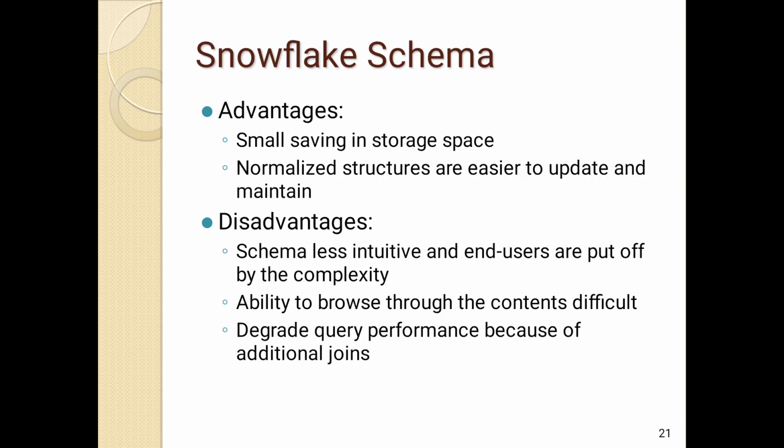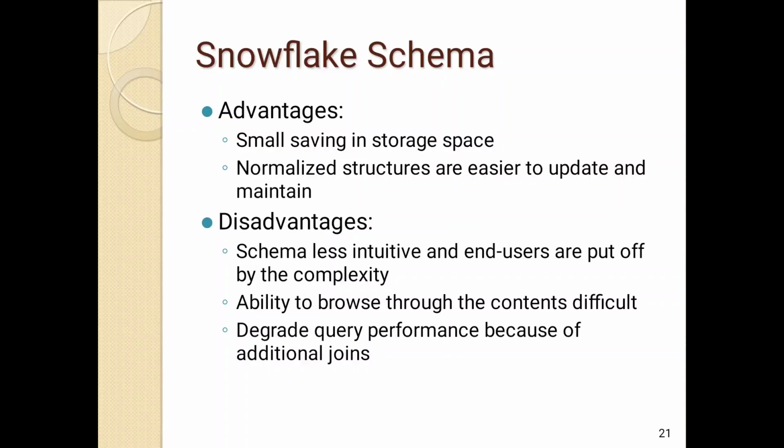So advantages means small saving in storage space. Here normalized structures are easy to update and maintain. Guys, we are structuring our table into small tables. So what's the reason? While we are retrieving the data from the database, it is easy to retrieve, right, and also easy to search.